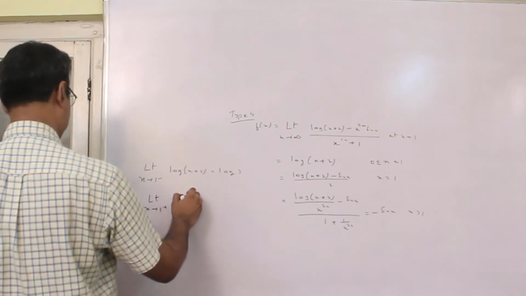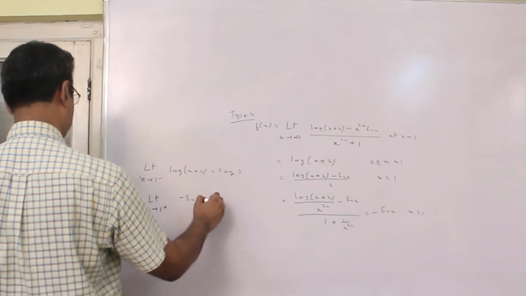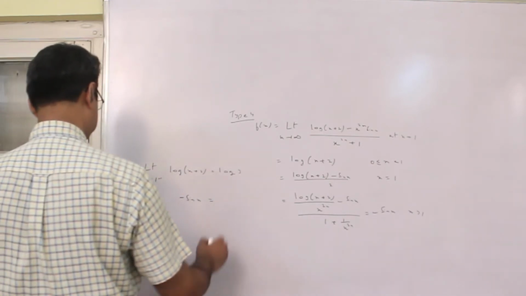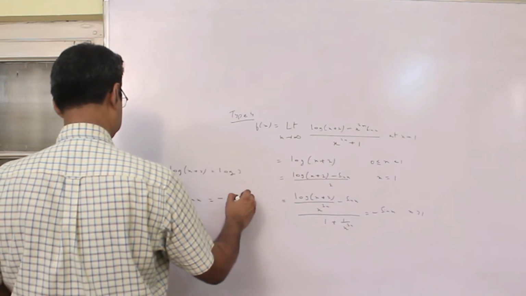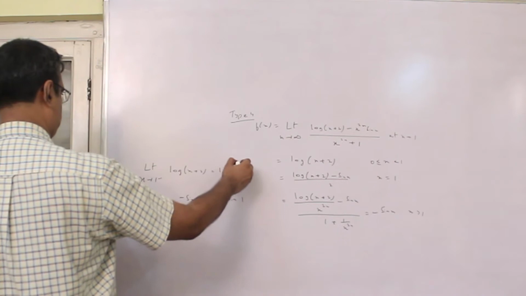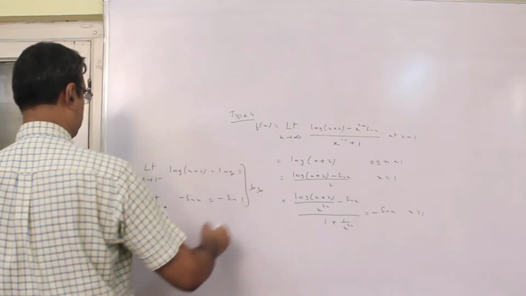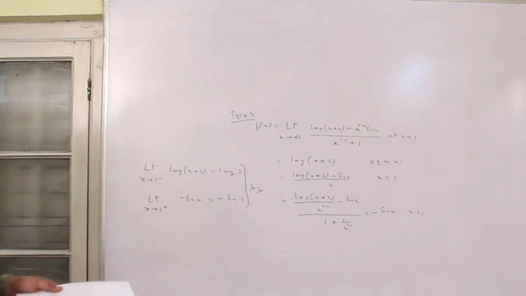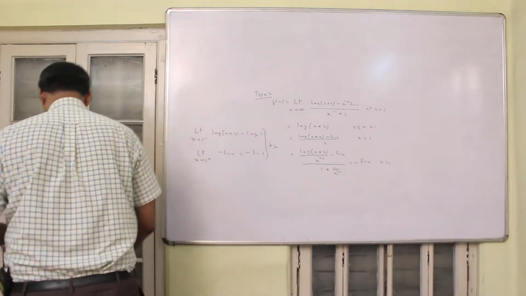Suppose you do right hand limit at 1, so the answer is minus sin 1. So you can see that it is not continuous at x equal to 1. So in this manner we can do the questions of type 4.